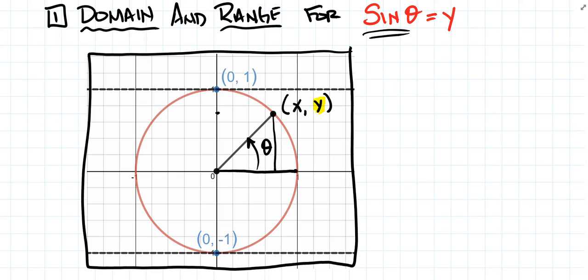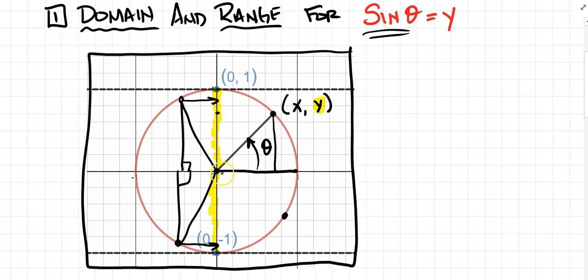If I drew a right triangle here, then the y value would be whatever that point is. If I were to draw a triangle here, the y value would be whatever that value is.